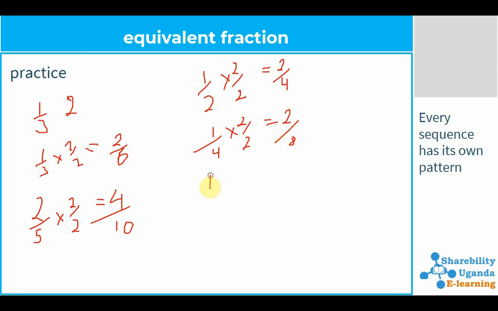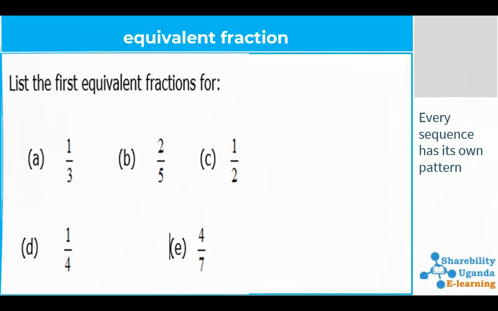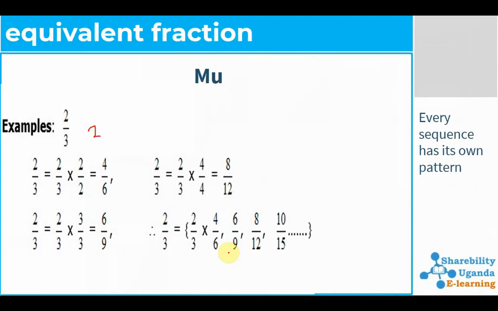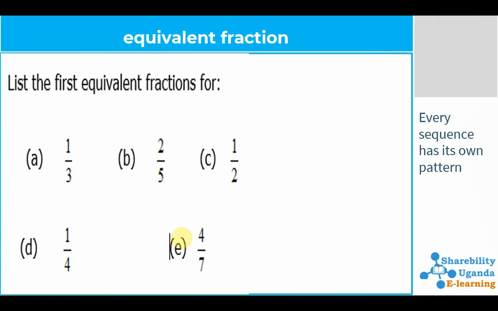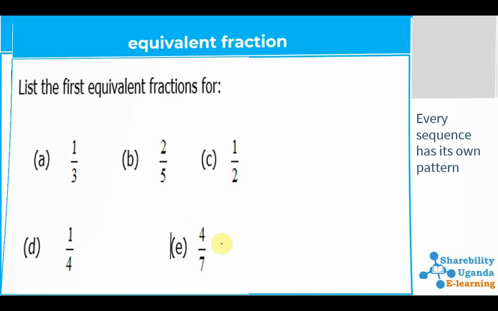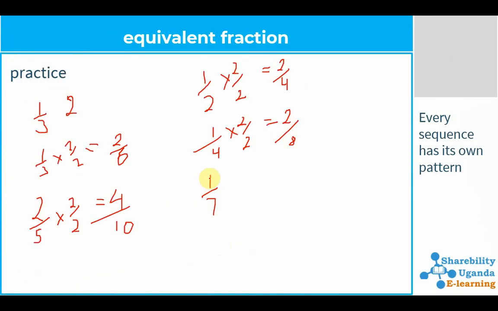Another one is 4 out of 7. Okay, 4 out of 7, this is the one we are going to work with. When we take our 2, oh okay, let's use a 3 here.